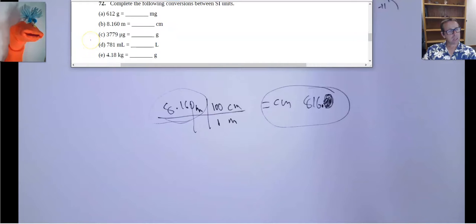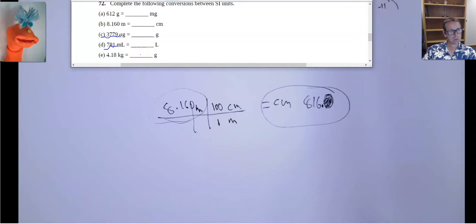All right. Micrograms to grams. Just divide by 6 zeros. Very good. So it goes 1, 2, 3, 4, and then 2 zeros in front: 0.003779 grams. Yep. Milliliters to liters. Divide by 1,000. That's right. 781 milliliters. There's fewer liters by 1,000. 1, 2, 3: 0.781 liters.